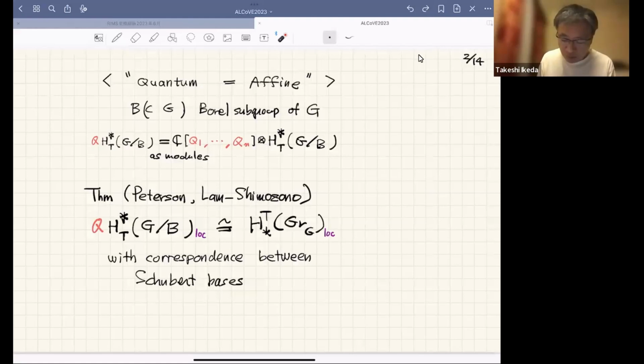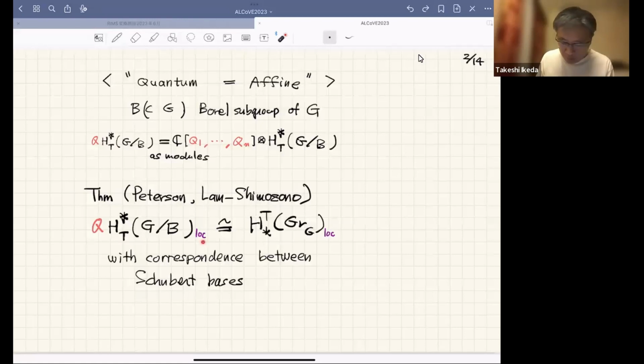And the fundamental theorem about this was given by Dale Peterson in his lecture at MIT, and it was proved by Mark Shimozono in 2010. It says that if you localize appropriately, then this quantum cohomology and the equivariant homology of the affine Grassmannian are isomorphic as rings over S. We also have a nice correspondence between Schubert bases on both sides.